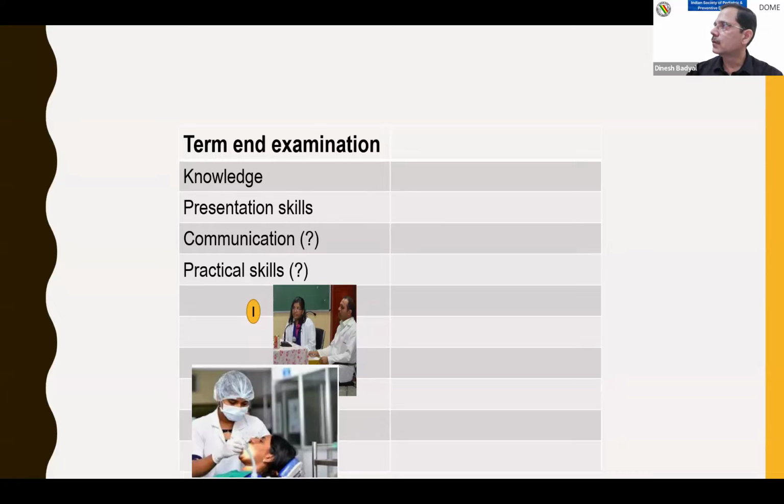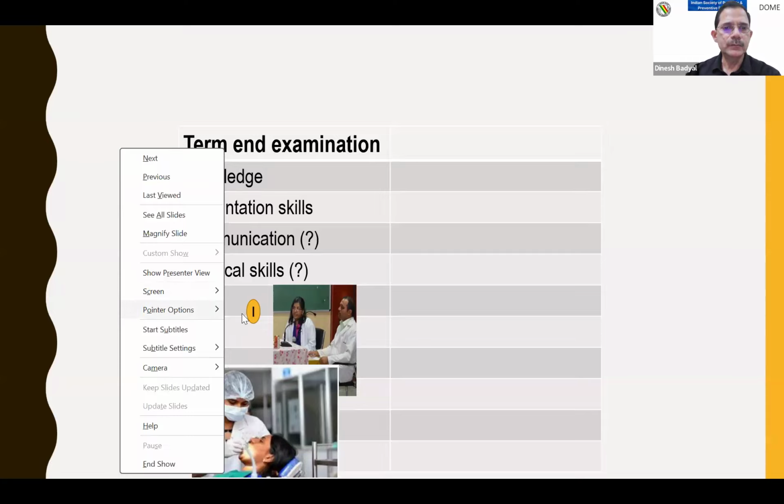Okay, practical clinical exam for the practical skills, presentation skills, definitely. Knowledge. Okay, knowledge, but actually they reflect, as you have written, students' communication and presentation skills. Okay, so what we see, majority of you are writing that we assess mainly the knowledge, which you see here.